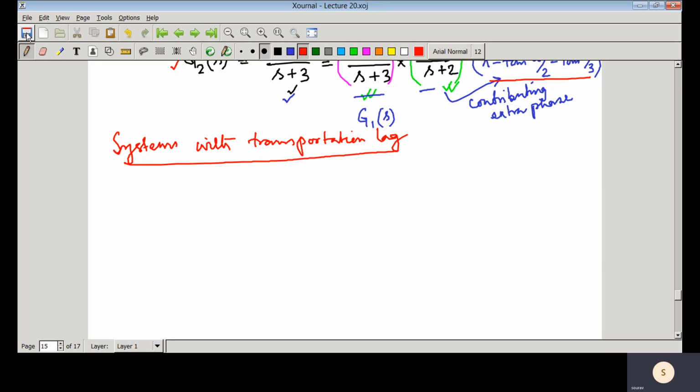If there is some delay in the loop, or any transportation lag, what would be the modeling, and what is its gain and phase relationship, or its frequency response?